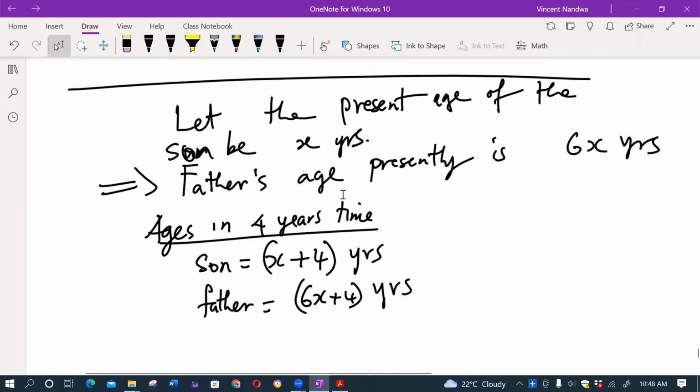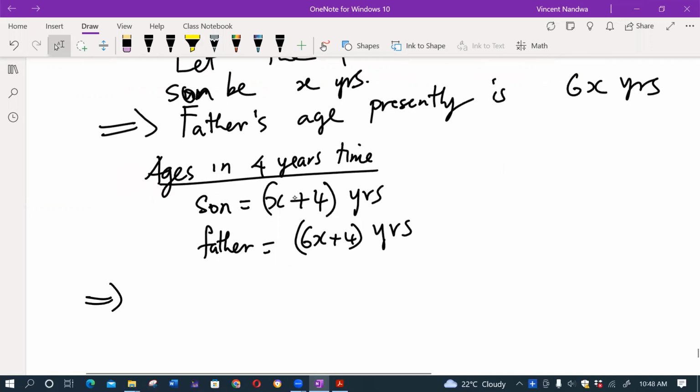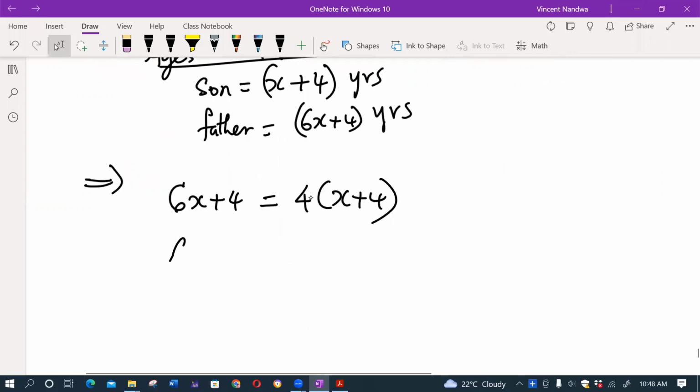And then we're being told that in 4 years' time, the father will be 4 times as old as his son. So which means this age of 6x plus 4 will be the same as 4 times x plus 4. So I'll have 6x plus 4 equals 4x plus 16.